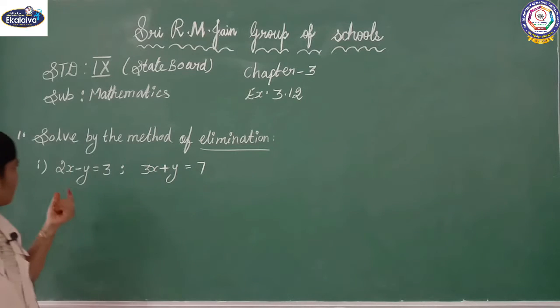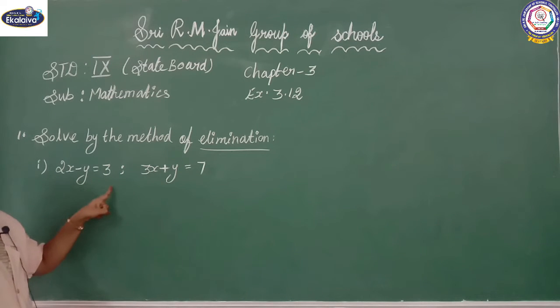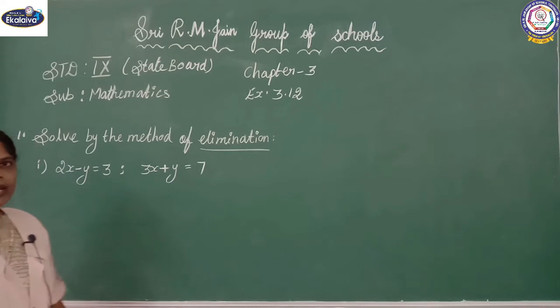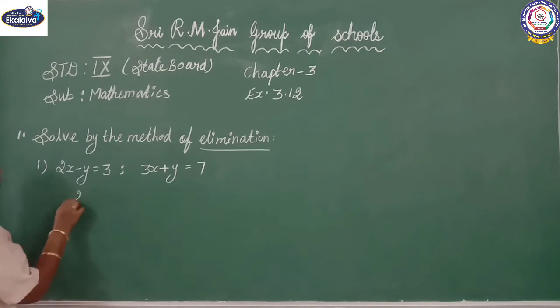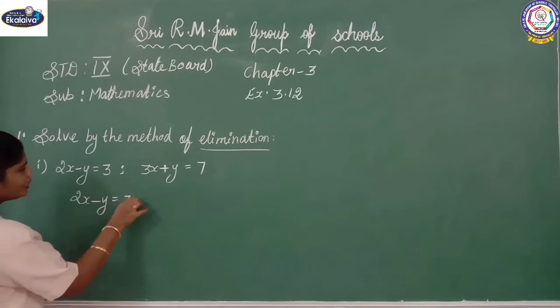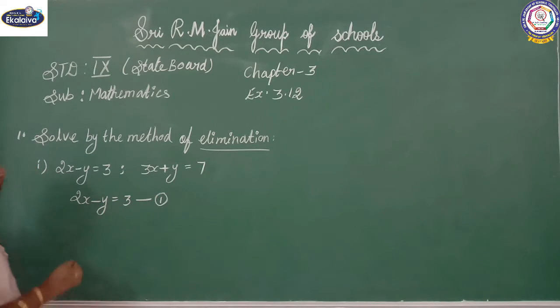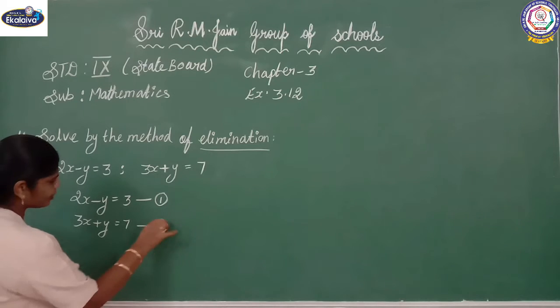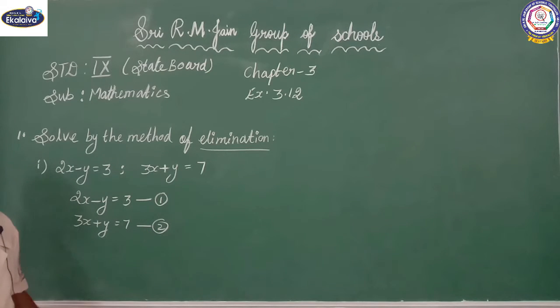See here, 2x minus y equal to 3, 3x plus y equal to 7. Let us consider 2x minus y equal to 3 as the first equation, and 3x plus y equal to 7 as the second equation.